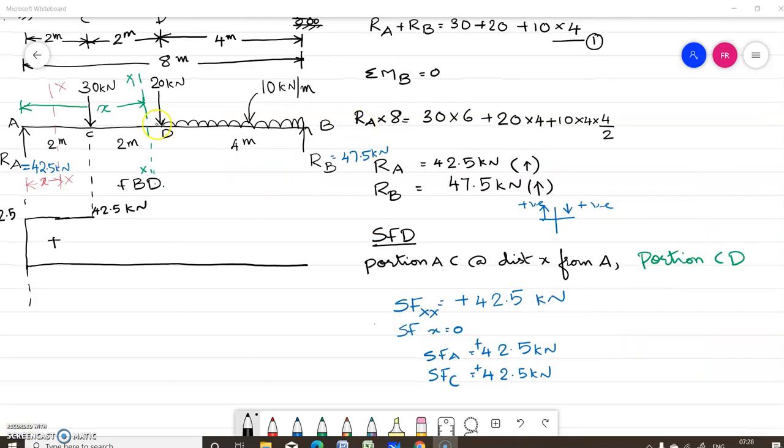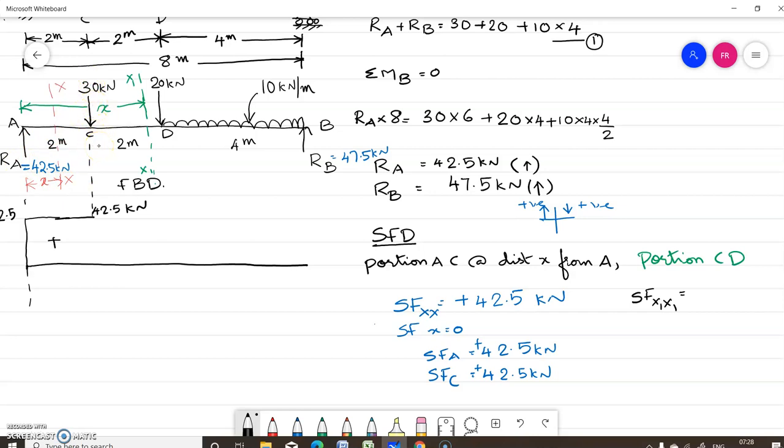Now you consider portion CD. Consider a section line x1 at a distance small x from the left support. So when you write the equation for shear force at x1, it is equal to 42.5 acting upwards positive minus 30 acting downwards.